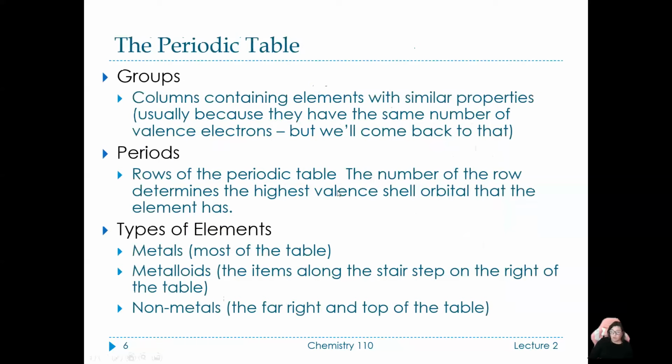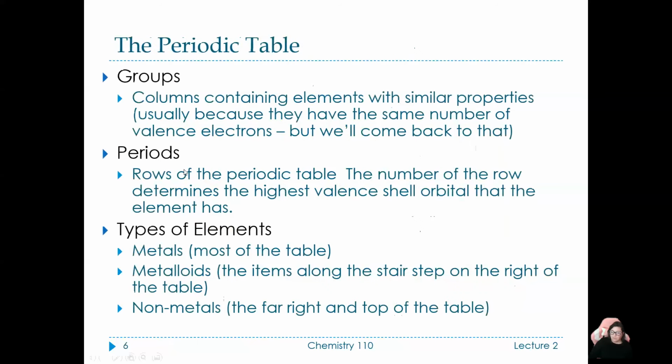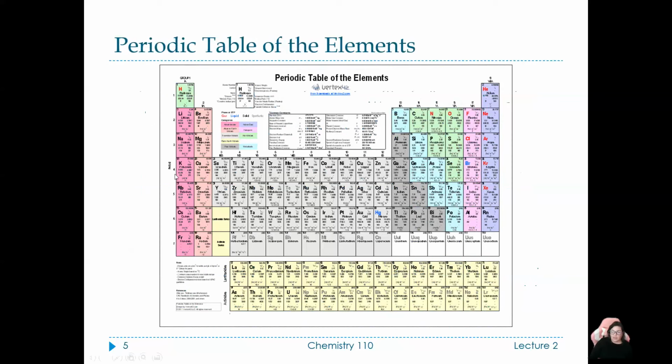The number of the row determines the highest valence shell orbital that the element has. Okay, what do I mean by that? So again, rows are these guys, and the number of the row, this number right here, indicates the N. So it's the energy level that goes with this.